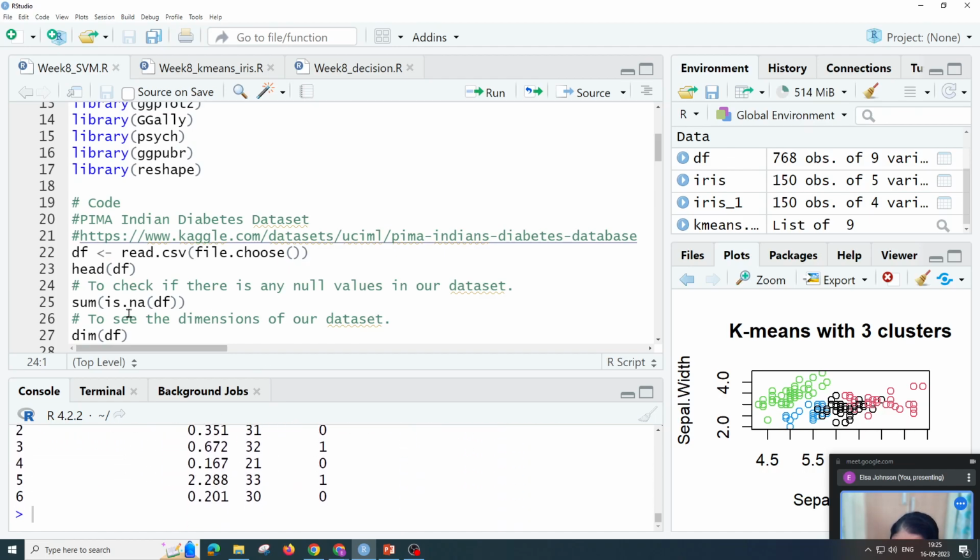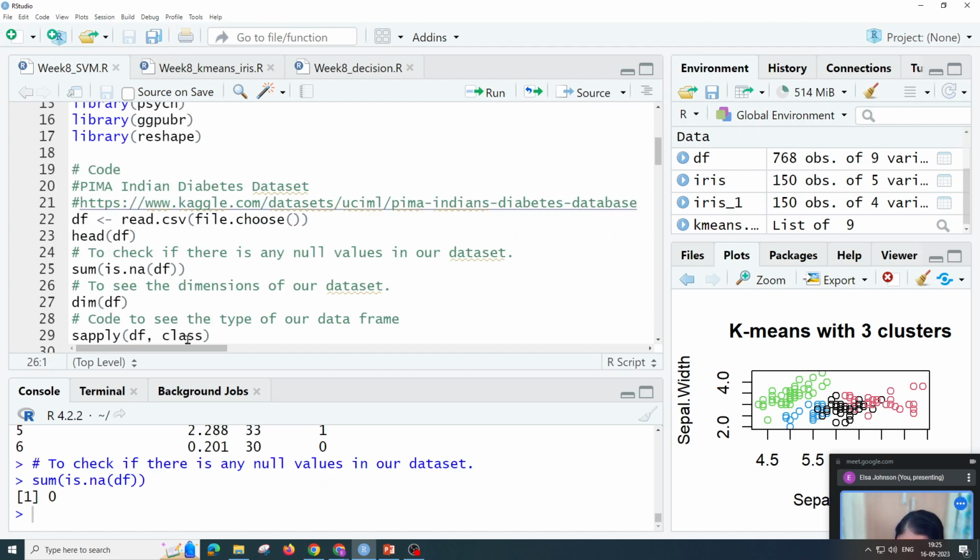Now, to check if there are any null values in our data set, what you have to do is is.na of df, and if you do a sum of that, you will get the total count of missing values present in the data set. Right now it is coming as 0, meaning there are no missing values.